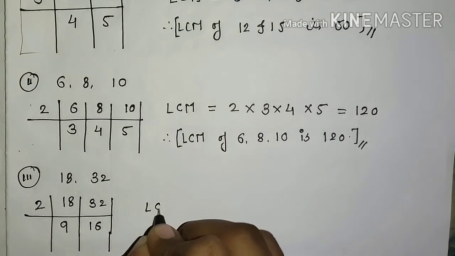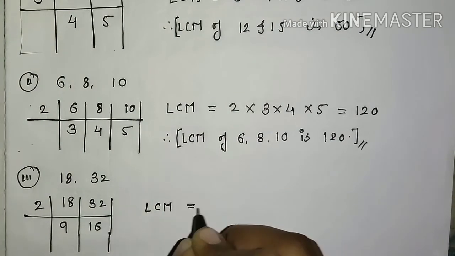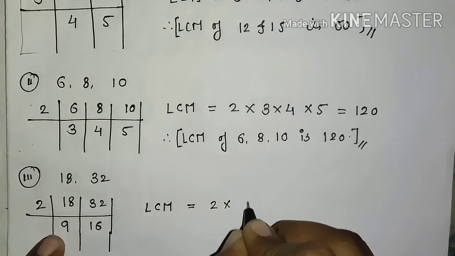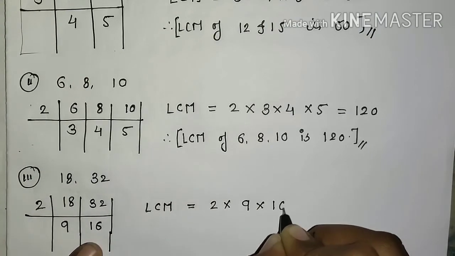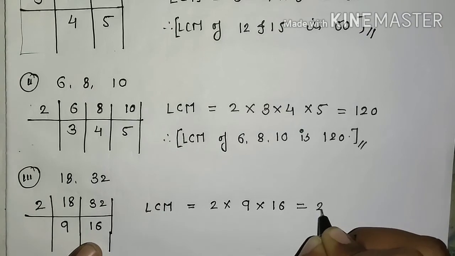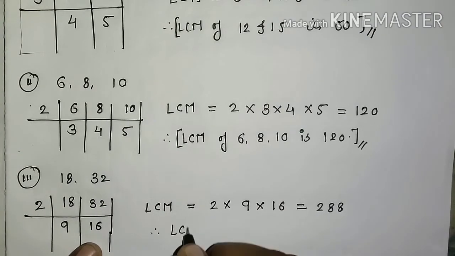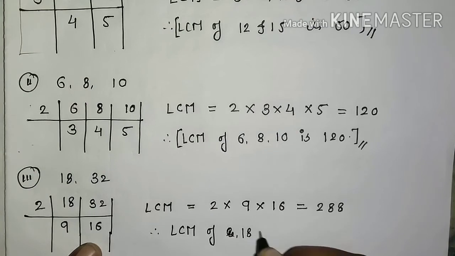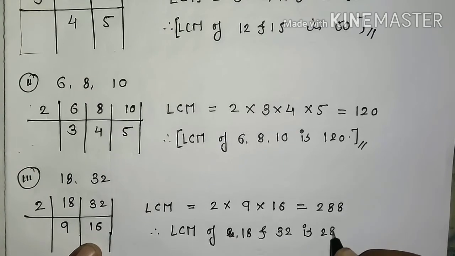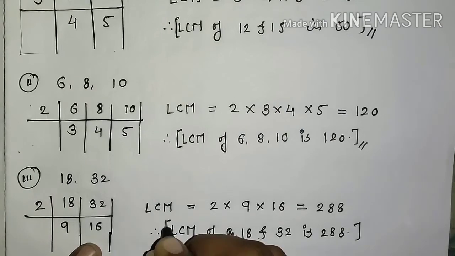So the LCM we get is equal to 2 multiplied by 9 multiplied by 16, which is equal to 288. So write down the final answer. LCM of 18 and 32 is 288.